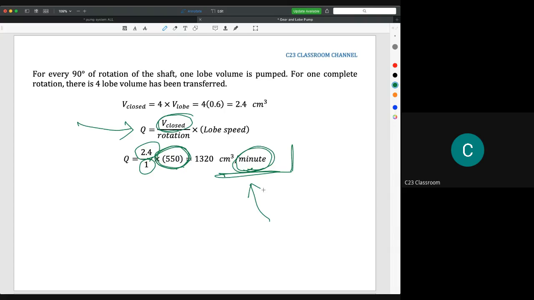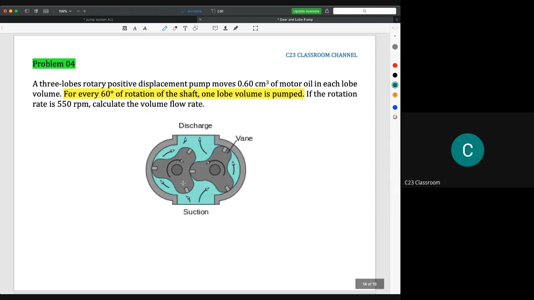So make sure that you do not mix minute and second, centimeter cube, millimeter cube, and so on. You must make sure that you use all the same units, and then that unit must appear in the final answer. Because I don't divide this by 60, the unit of minutes will appear in the final answer.